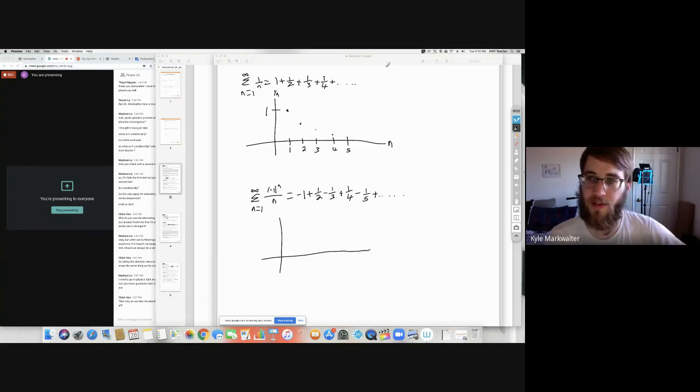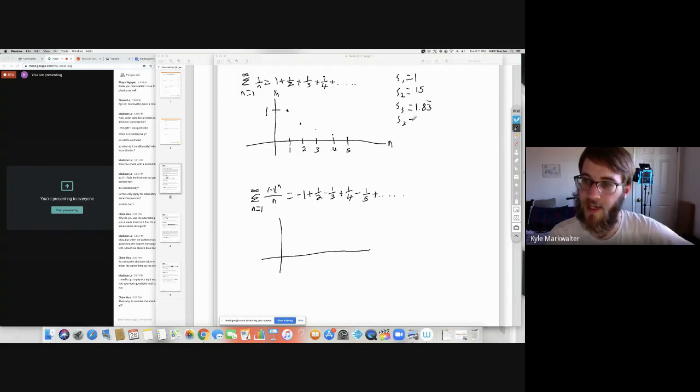Now think about what we call the partial sums. Ignore the half, 1/3, 1/4. If I stopped at 1, my sum would be 1. If I stopped at my second term, my sum would be 1.5. If I stopped at my third term, I would have 1.5 plus 1/3, so that'd be 1.83 repeating.